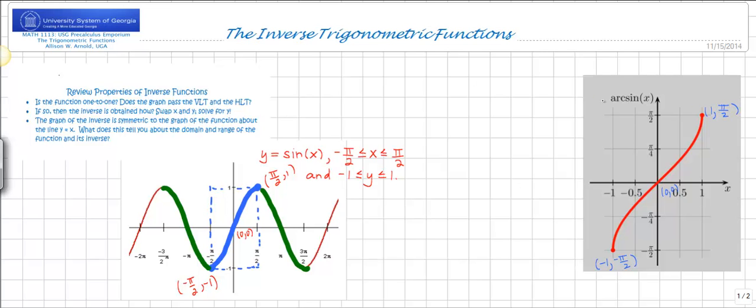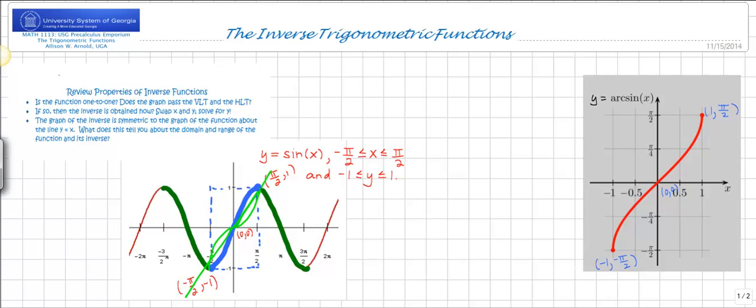Okay, and if we reflect about the line y equals x, which if we were to draw that in here, would hug along these lines like so. To be a little careful drawing it. And so the reflection, you can see, would be as follows. And that's what I've drawn and screen captured in red to the right, is the inverse sine function is the result of swapping x and y for the sine function in this window.